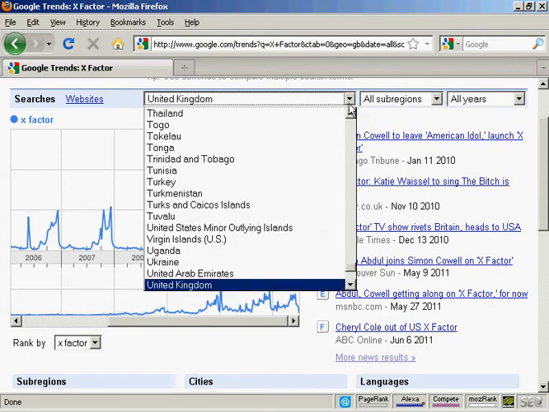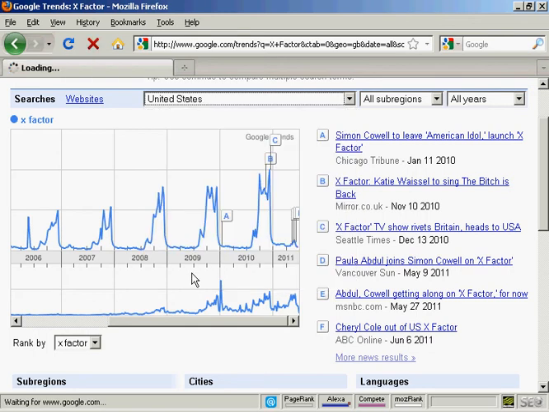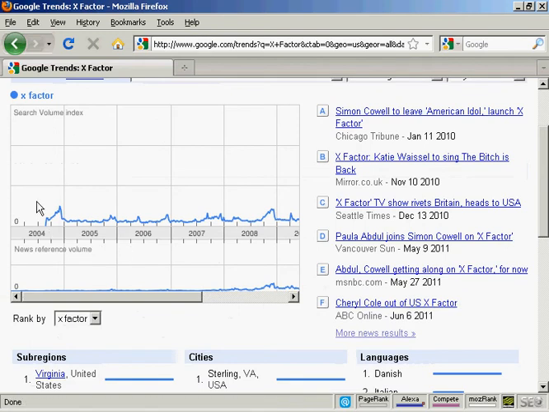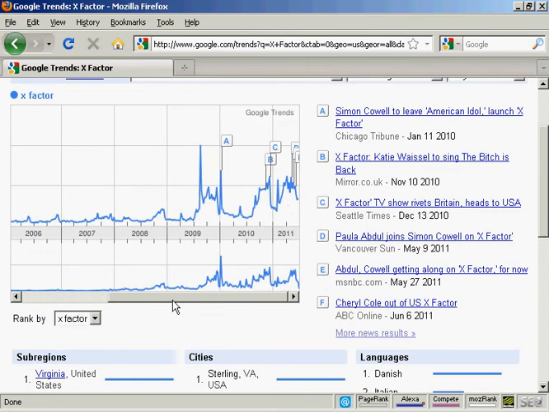But if we switch that to the United States, you can see that the search volume and the news reference is pretty flat up until around 2009, when Simon Cowell announced that he was going to be leaving American Idol to concentrate on bringing the X Factor to the US.